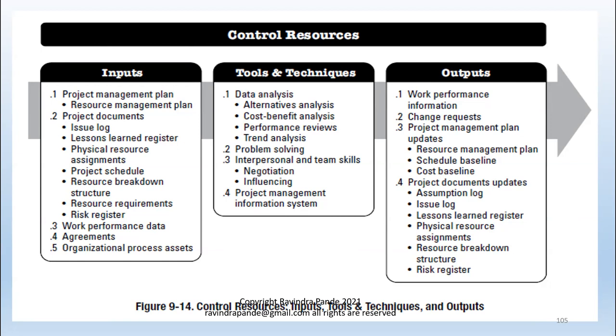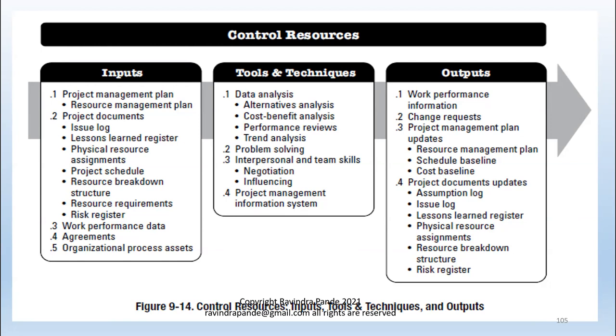The project documents updates are the assumption log, where if you assume anything, that's also kind of reflected as a risk. If there are any issues, they should get added to your issue log as additions to the challenges.